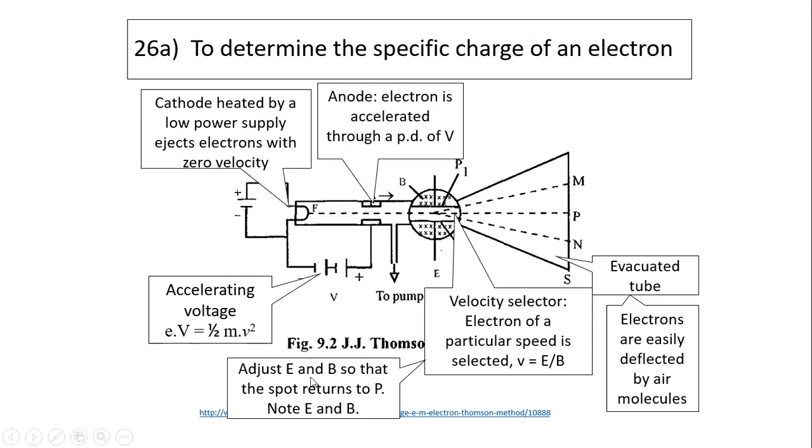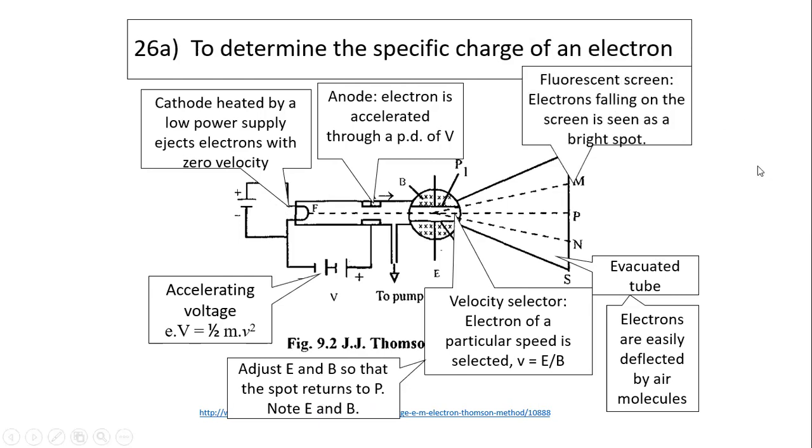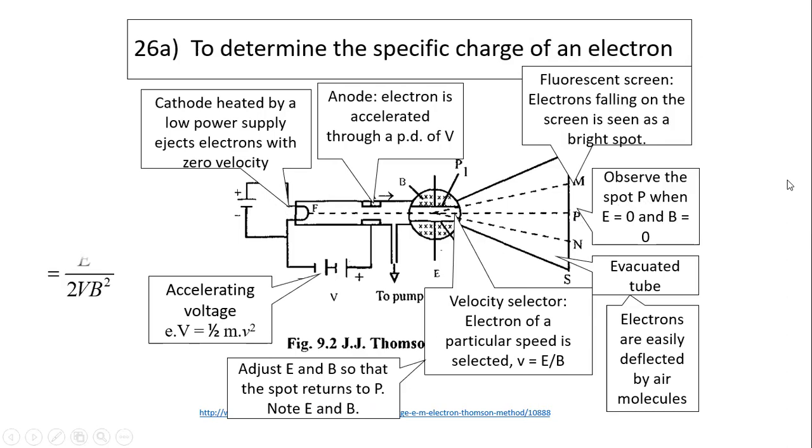Adjust E and B so that the spot returns to P. Note the E and B values. That's your fluorescent screen; electrons falling on the screen give a bright spot. So P is where the electric field is 0 and the magnetic field is also 0.